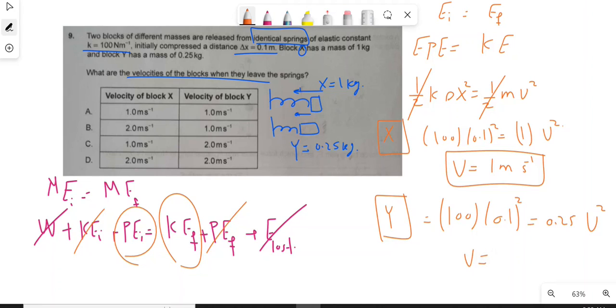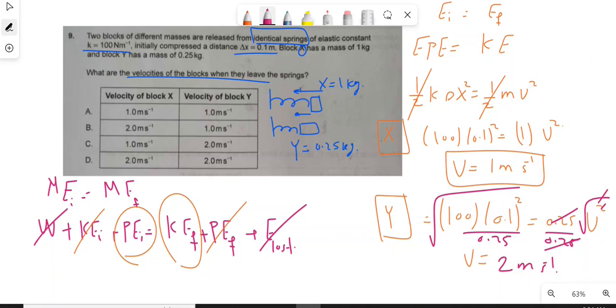Divide both sides by 0.25, and then take the square root of both sides. So v will equal 2 meters per second. So the velocity of block Y is 2 and the velocity of block X is 1.